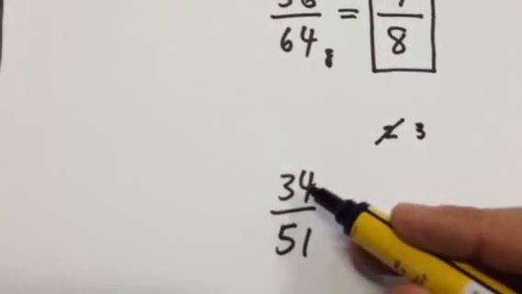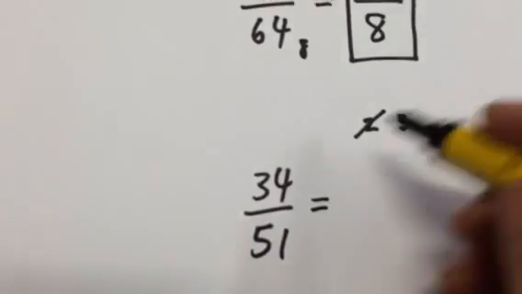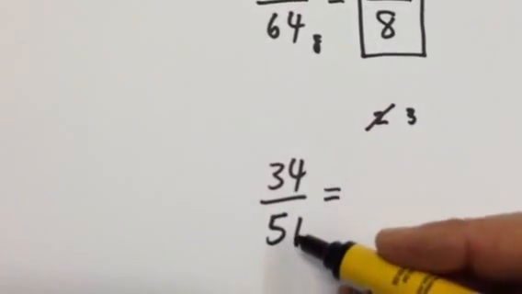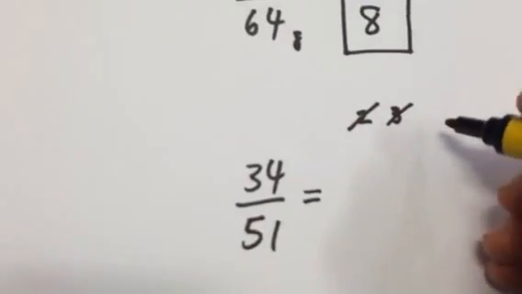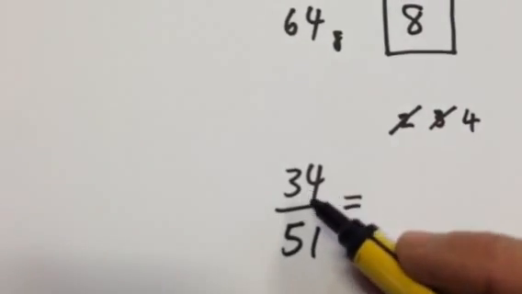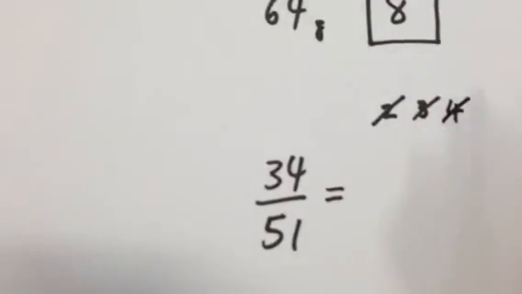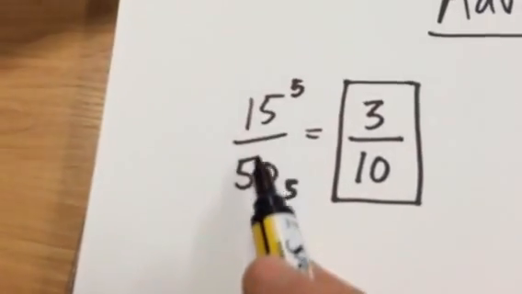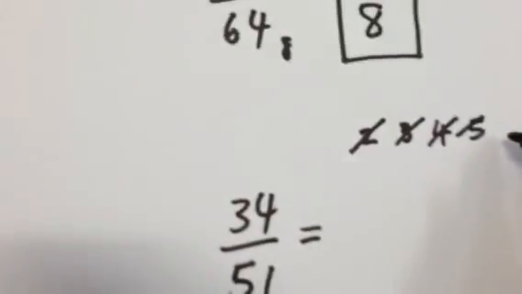I can't divide by 3 on the 34, because 11 3s are 33, and then you're not going to get another one in for 34. 51 might be dividable by 3, but because I can't do it to both, it doesn't matter. 4 doesn't go into it. 4 8s are 32, 4 9s are 36, that's not going to fit. 5 won't go into it. It's not like this one here that ended in a 5 and a 0. This one won't, so 5 won't go into it.